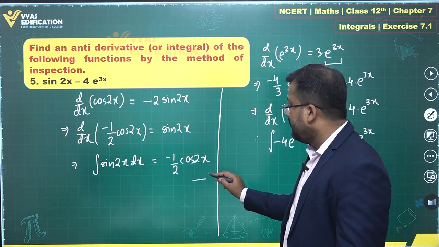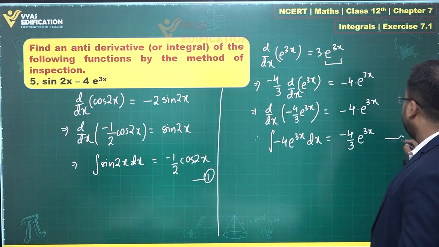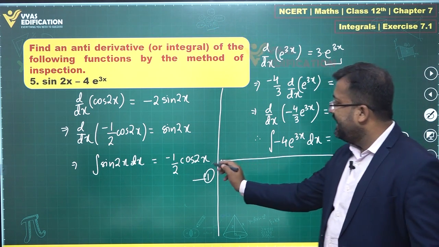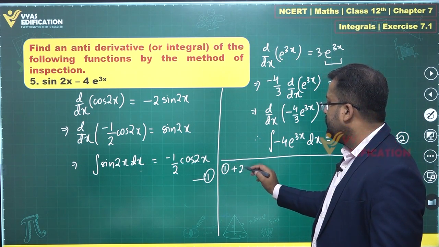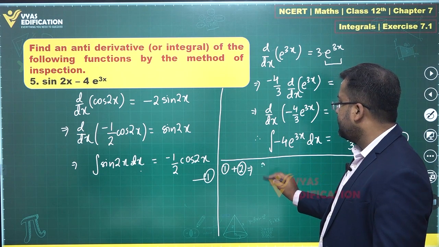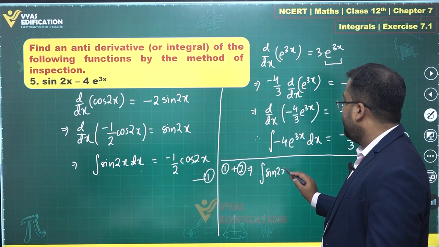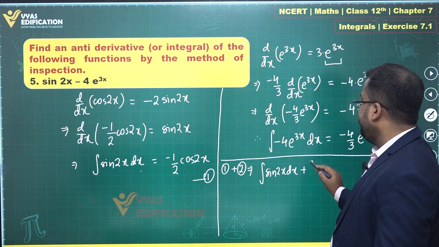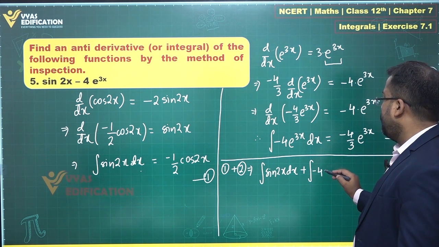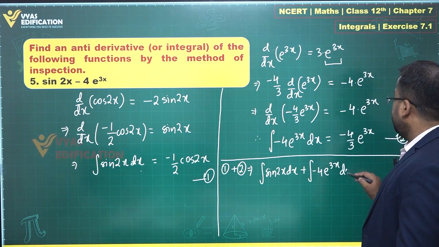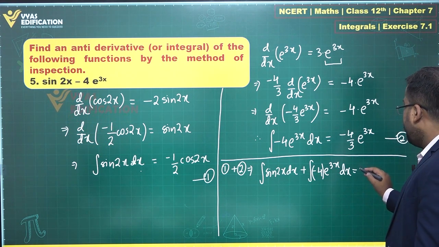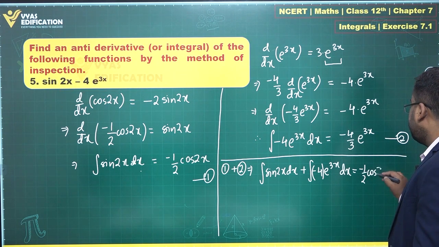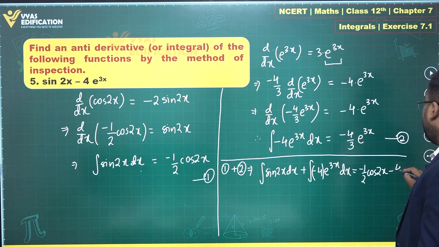Okay, this is one thing, this is second, and I can take this integral and this integral by adding 1 and 2. What does it give me? This is the integral of sine 2x dx plus the integral of minus 4 e power 3x dx. This here is equal to what? This is equal to minus 1 by 2 cos 2x, okay, minus 4 by 3 e power 3x.